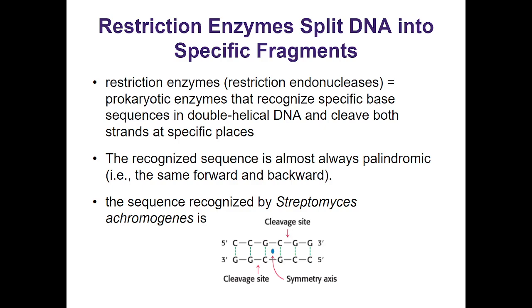We actually saw that before. You remember where we had the repeated, where it had the same sequence of 3 on both sides, like a mirror image, right? The sequence is going to be recognized by Streptomyces anchromogenes. This is the cleavage site right here, and you can see the cleavage site is going to be mirrored on the other side as well.